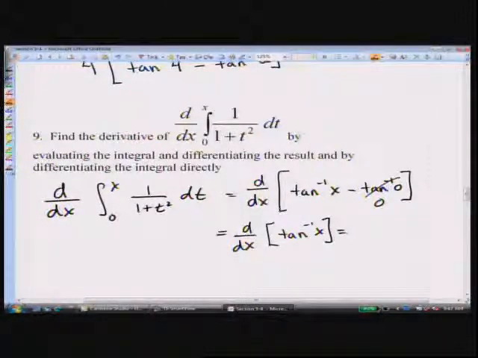Yeah, it's right there. You're doing good. That's a good step. Look on your sheet. Tell me what the derivative of the inverse tangent of x is. u prime over 1 plus u squared. Okay, where u here is x. So the derivative of x is just 1. So this is going to be 1 over 1 plus x squared. Right?